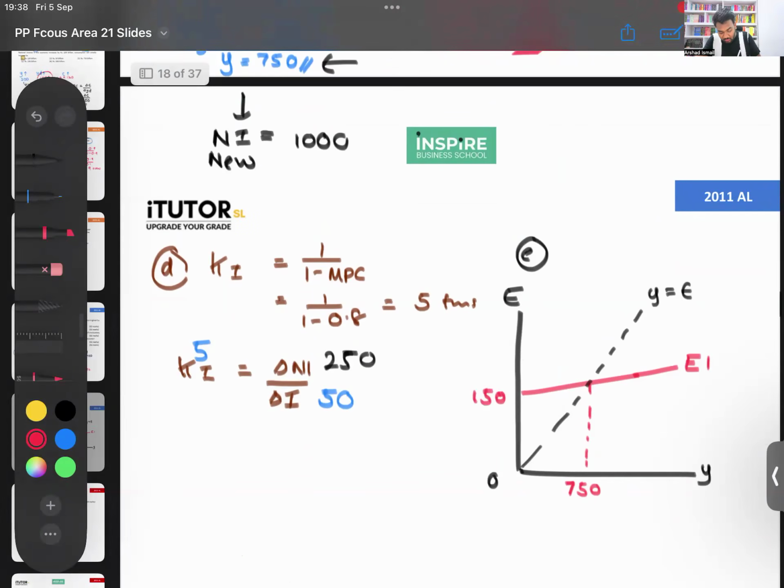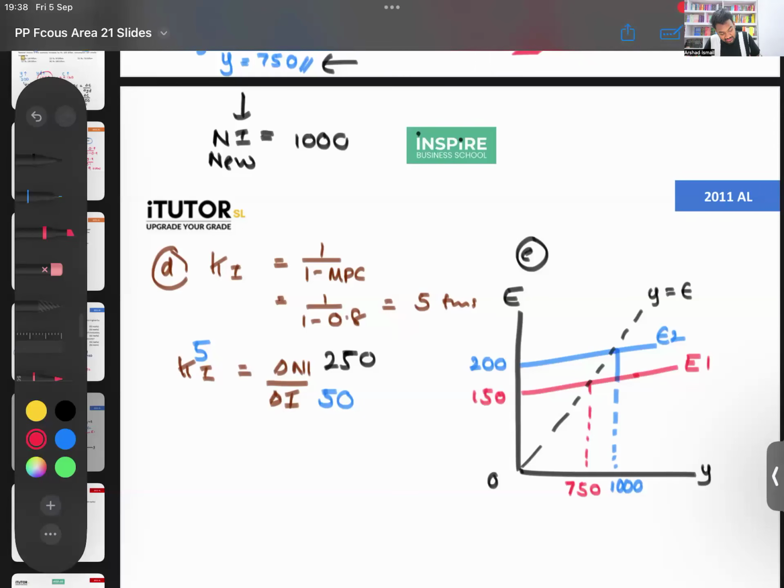And now, if investment increases to 100, your autonomous spending goes to 200. There's a 50 increase in investment. As a result, now your equilibrium level of national income will be 1,000. This is E2. So if you want, you can give the components as well.